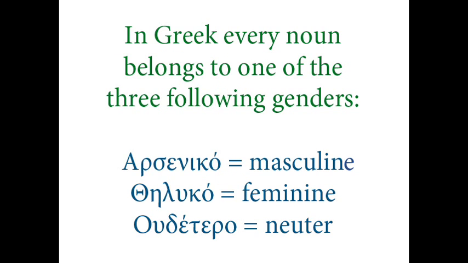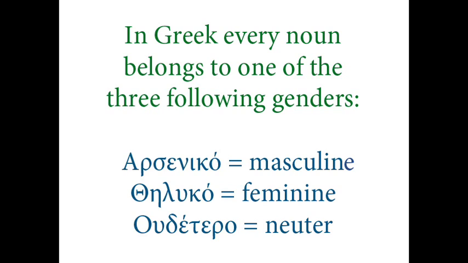So, let's begin. As you may already know, in Greek there are three genders. The masculine, αρσενικό. This word may remind you of arsenic, the poison. Yes, in Greek, αρσενικό means both masculine and arsenic. So, we have the feminine, το θηλυκό, and the neuter, το ουδέτερο.